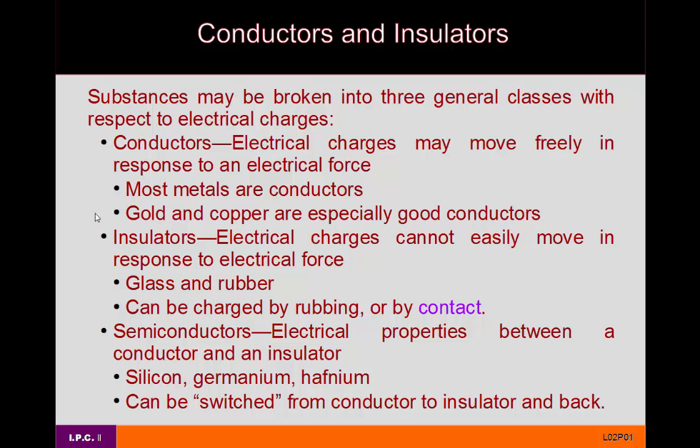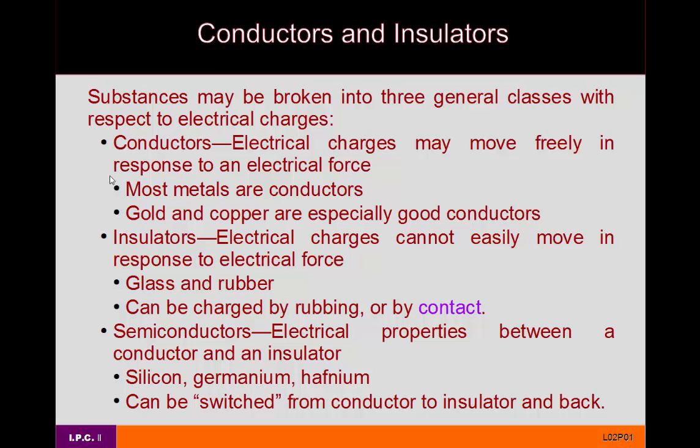So what's the difference between the conductor and the insulator? Well, in a conductor, you have electrical charges which are able to move freely in response to any electrical force exerted. So this includes most metals, and in particular gold and copper and silver tend to be very good conductors.